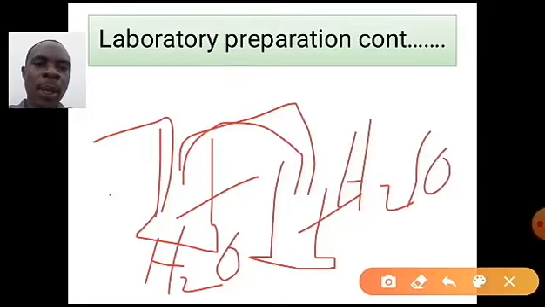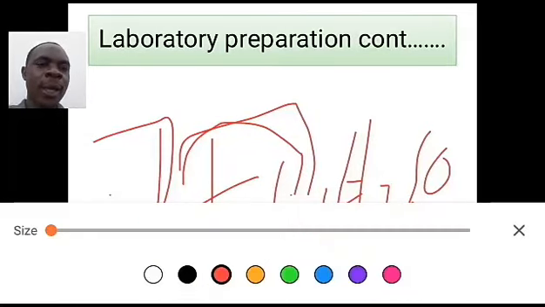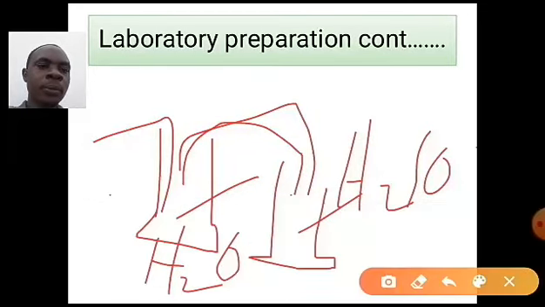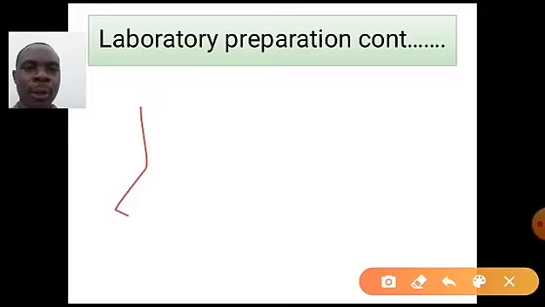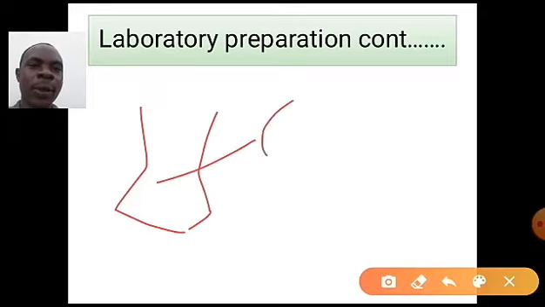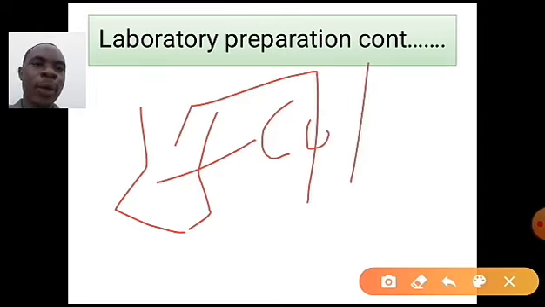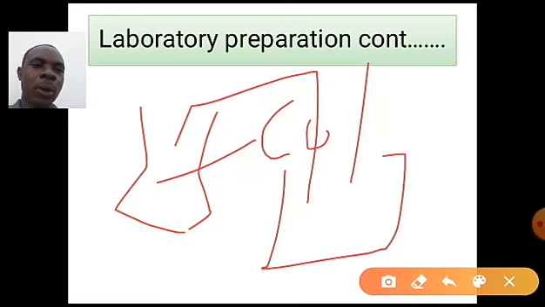But the gas coming from the water is wet gas. So in order to make it dry, you pass it through concentrated sulfuric acid. Then from the sulfuric acid, the gas is collected here, which is dry chlorine gas.